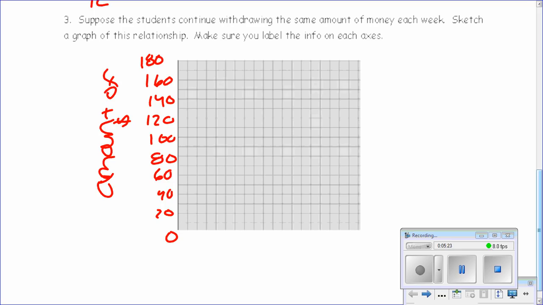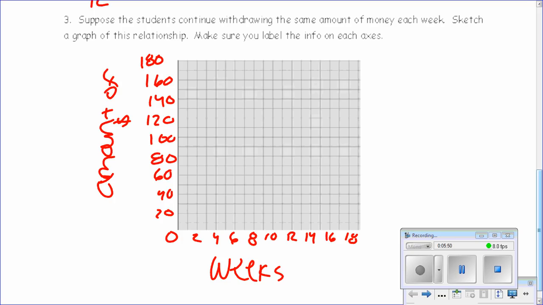Yeah, by tens. Each line is 10. So every other line would be 20 then. And then our bottom is going to be the amount of weeks. So each line is, we're just going to go one. So I'm going to skip a line. So I'll be 2, 4, 6, 8, 10, 12, 14, 16, 18. There's 18 weeks there. So I created the graph.